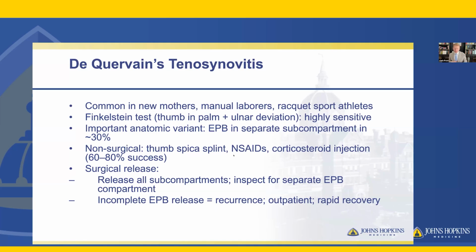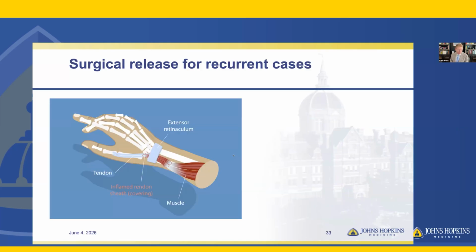We don't like to repeat that injection more than 2 times though, because it can really cause some fat atrophy and skin discoloration if we do too many injections in this area. And then finally, we can do a relatively small surgical release for this as well. Relatively quick recovery, but of course we try some of these simpler things first. So this is what that de Quervain's looks like.